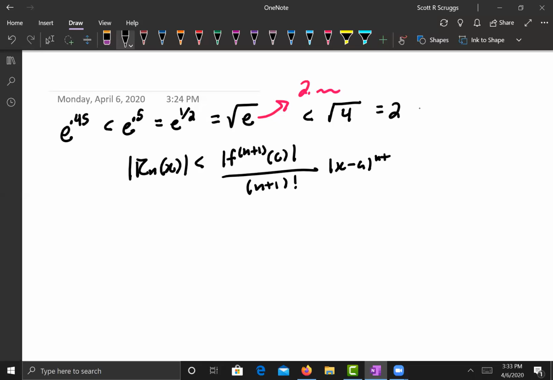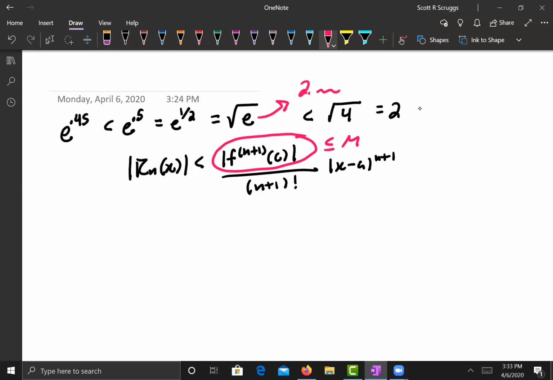And then our main goal is to further bound that by M. So to answer your question, the goal for problem 2 is not to approximate e to the first, it is to find the bound for the remainder.